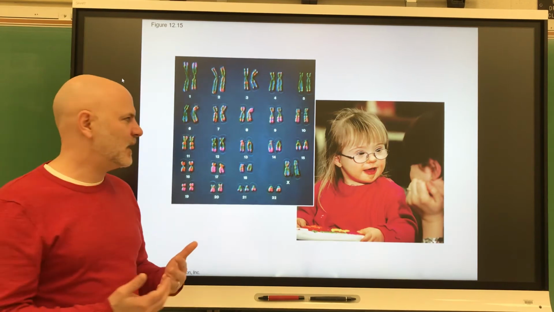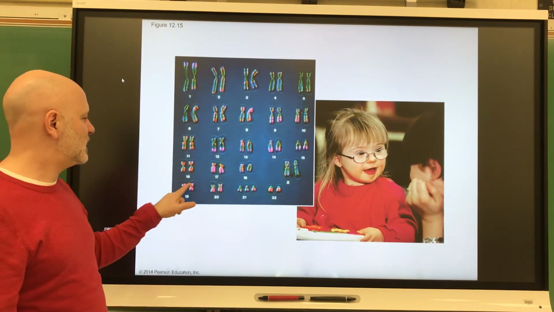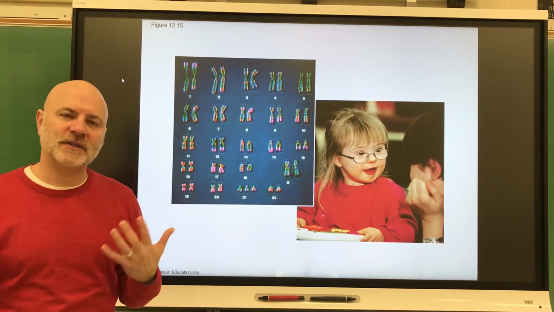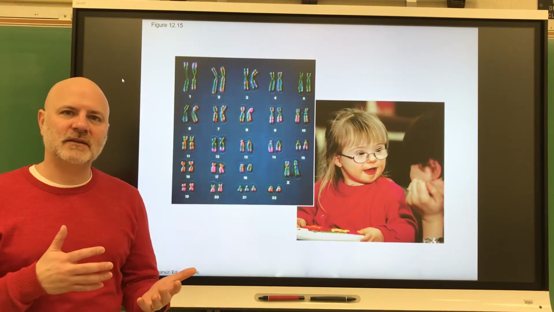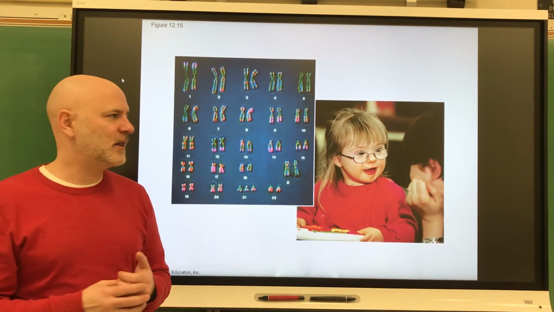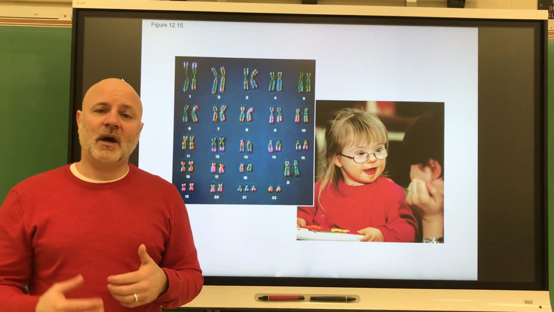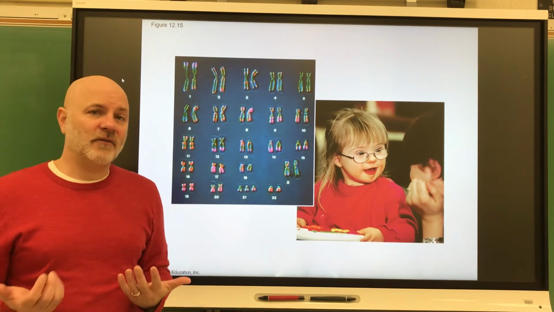One of the problems is that some of these, like 13, 17, 18, and 19, can actually go into late term pregnancies, so 7th, 8th, 9th month, before the fetus dies in that development process. In fact, 18 can be born. Their typical life expectancy is about a year because they didn't develop properly.